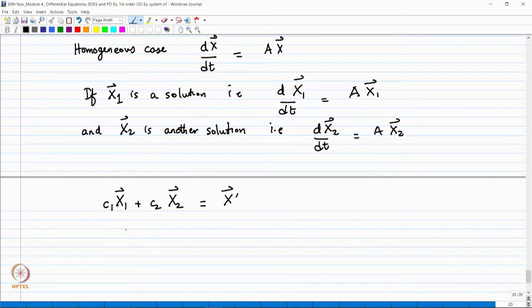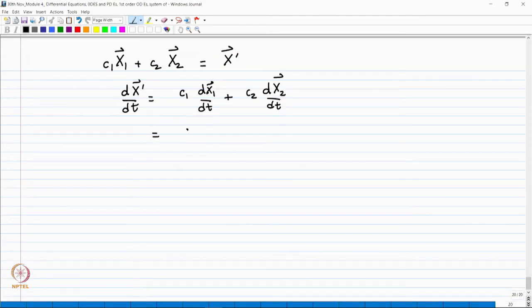So, then you can see that dx prime by dt is equal to C1 dx1 by dt plus C2 dx2 by dt, and I can write this as C1 Ax1 plus C2 Ax2.